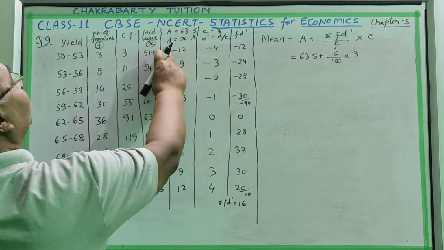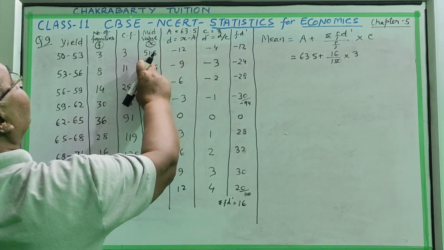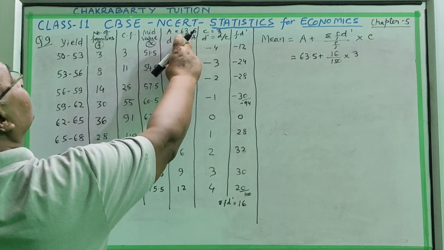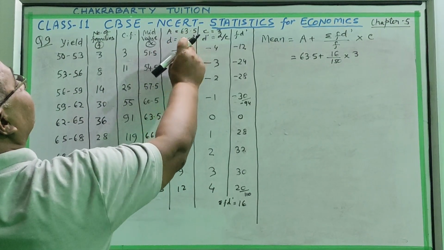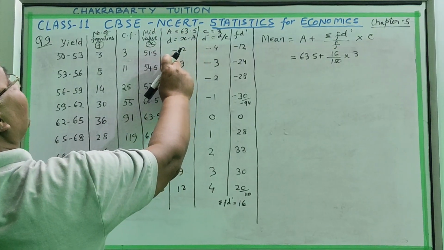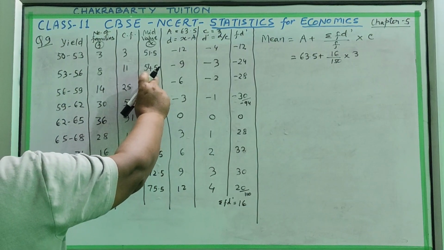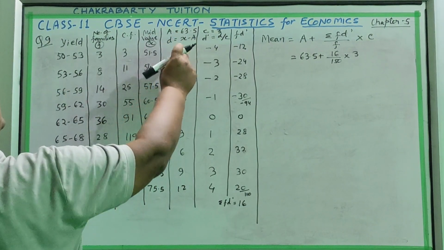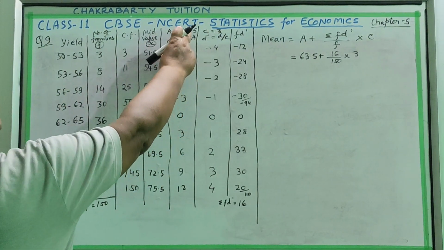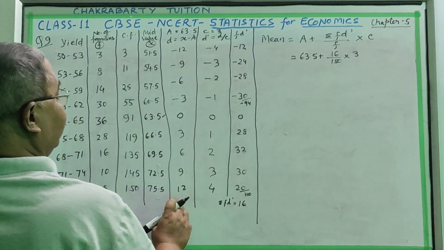Then deviation you find out, deviation of X from assumed mean: 51.5, you deduct 63.5. Now 63.5 is a higher amount, that's why after subtraction you will get minus 12. This 54.5 you reduce from 63.5 and answer will be negative because 63.5 is higher. In this way this deviation we have found out.